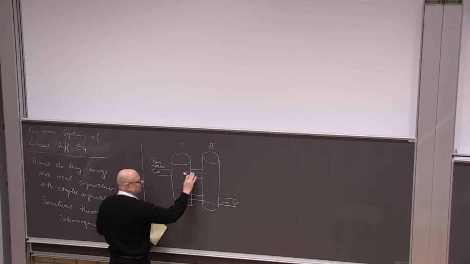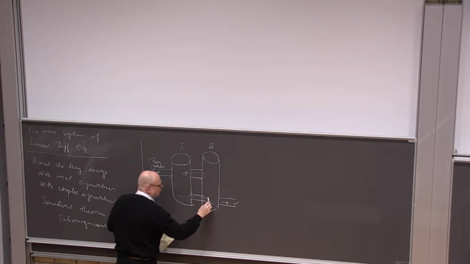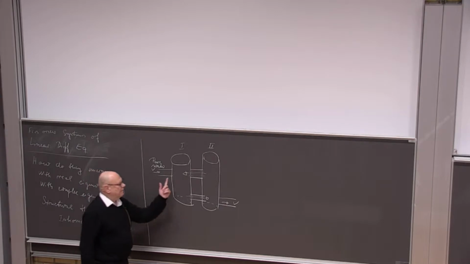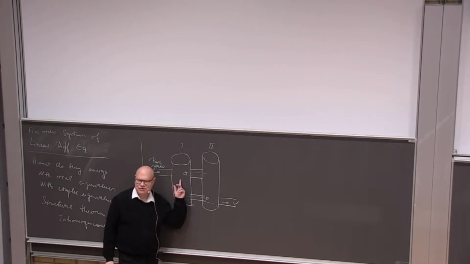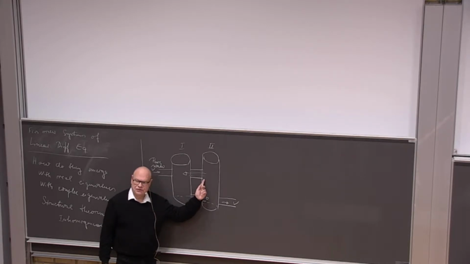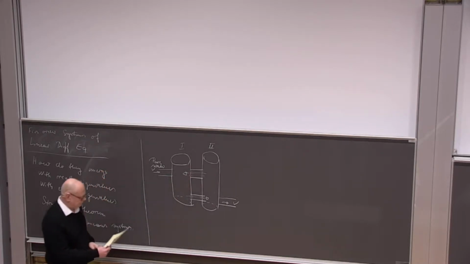So there's a flow this way. So the concentration of salt in this tank here depends, because of the backflow, on the concentration of salt in this tank. So they are interconnected and they are coupled. Whatever system describes that should reflect this coupling.